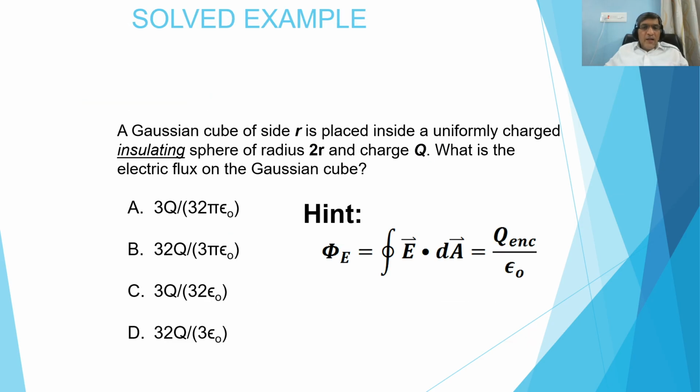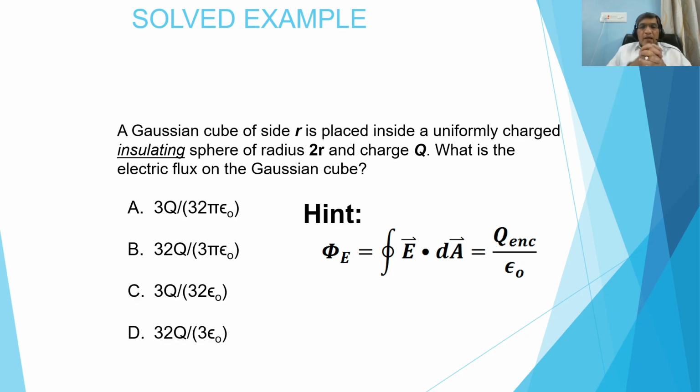This is the next question. A Gaussian cube of side r is placed inside a uniformly charged insulating sphere of radius 2r and charge capital Q. What is the electric flux through the Gaussian cube?